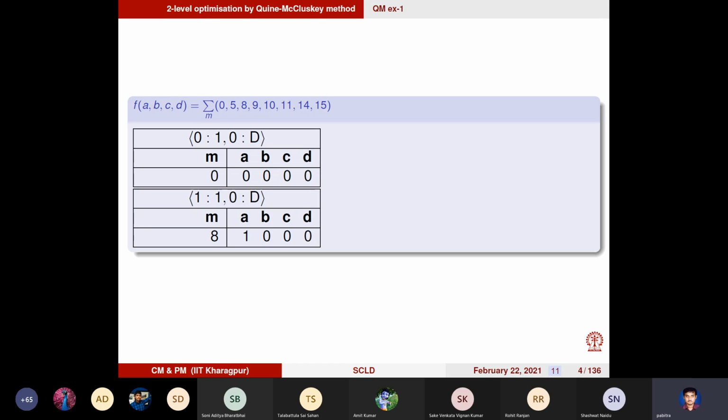So that's how we numbered the min terms: you convert the min term number to binary, and you get the logic assignment to the variables. In this particular case, we don't have a don't care. We only have the min terms.